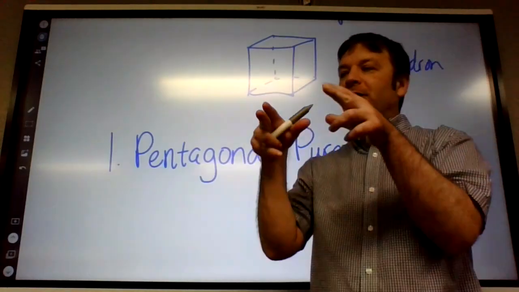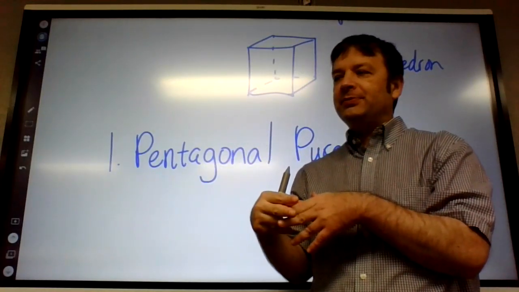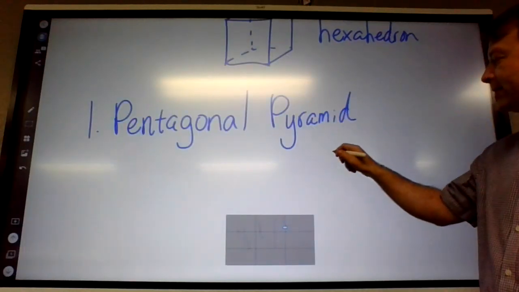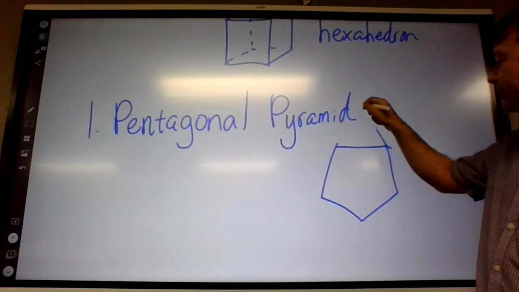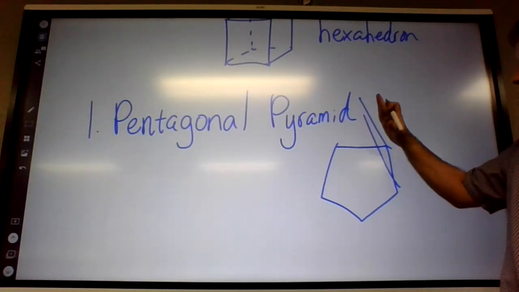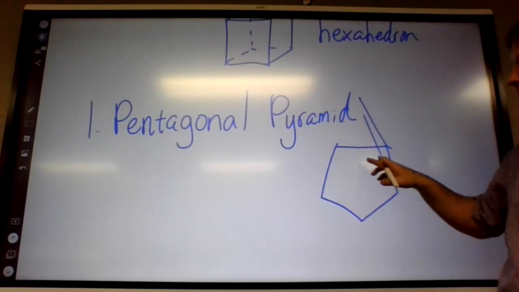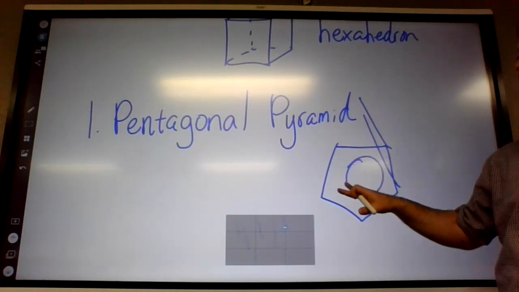There's a triangle coming up from each side of that pentagon. You guys see what I'm talking about? So that means there's 5 triangles coming up, plus the base, which is a pentagon. So that makes 6 sides altogether.